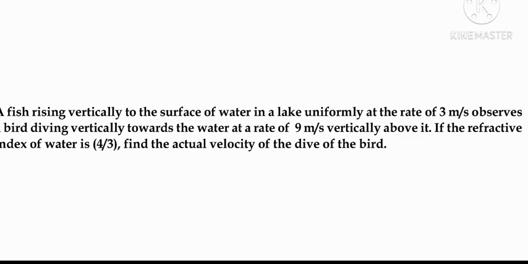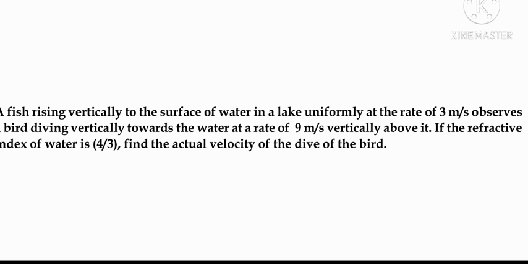Next question number 18. A fish rising vertically to the surface of water in a lake uniformly at the rate of 3 meters per second observes a bird diving vertically towards the water at a rate of 9 meters per second vertically above it. If the refractive index of water is 4/3, find the actual velocity of the dive of the bird. So the fish is rising vertically upward to the surface of water with a velocity of 3 meters per second.